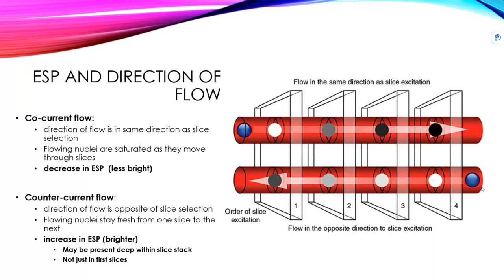In countercurrent, where the flow is opposite of slice acquisition, every time that nuclei enters a slice, it's actually fresh because it hasn't been excited and rephased before. Once it comes into the next slice and gets excited and rephased, it's fresh again because it's not moving along the same direction as the RF pulse and the slice acquisition.